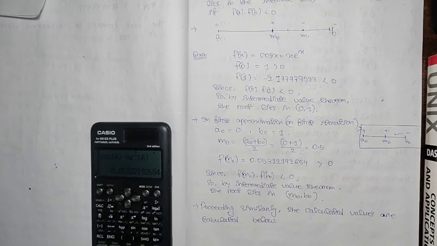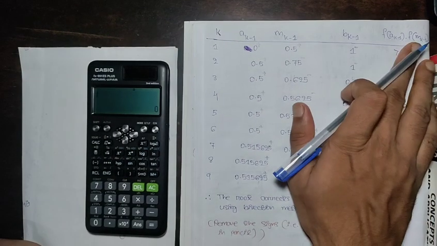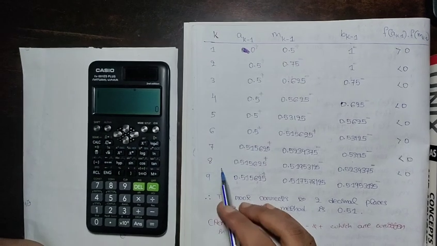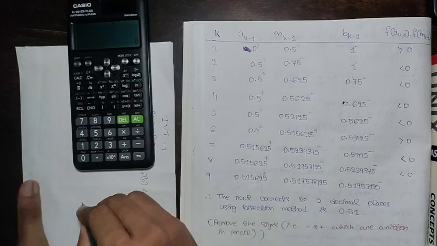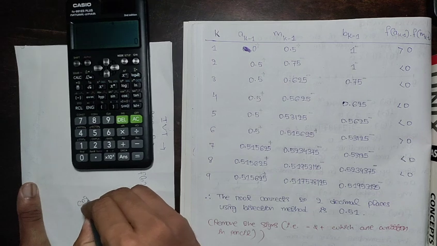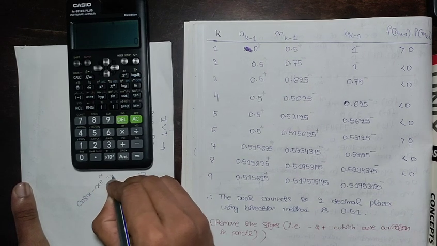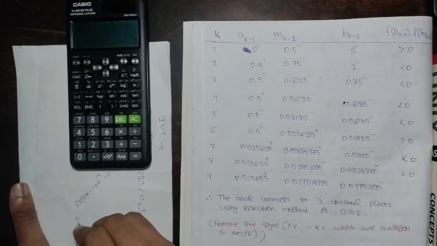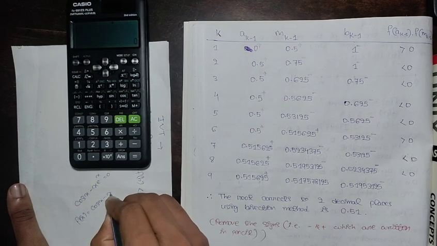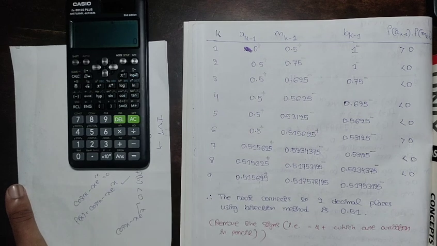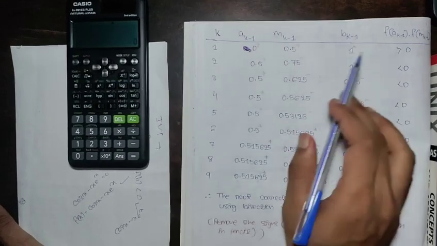Here is the tabular format of the question: the equation is cos x minus x e to the power x equal to 0, that is f of x equals cos x minus x e to the power x.